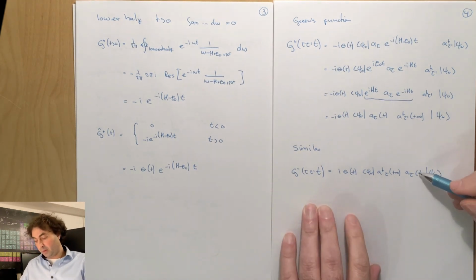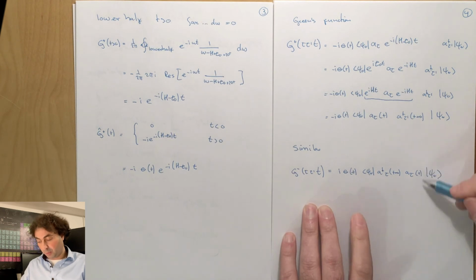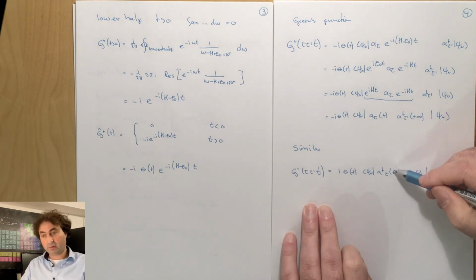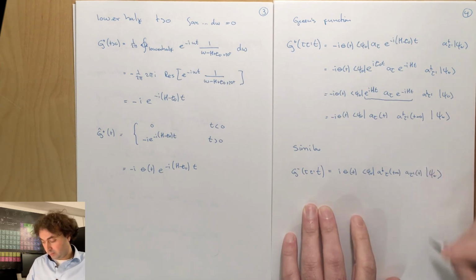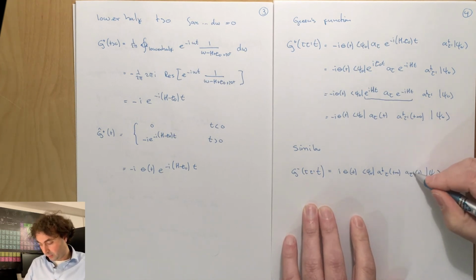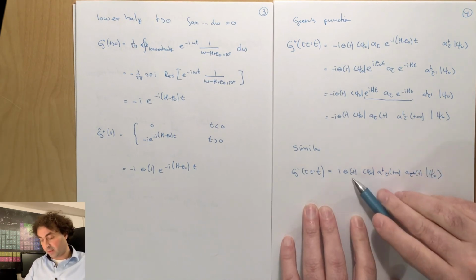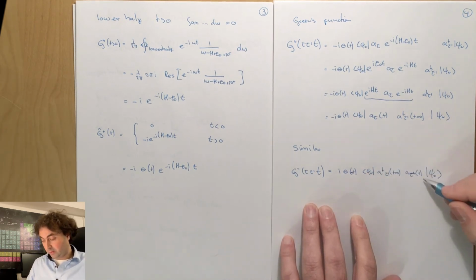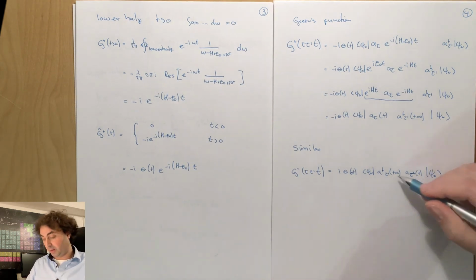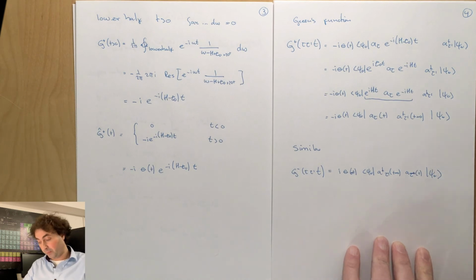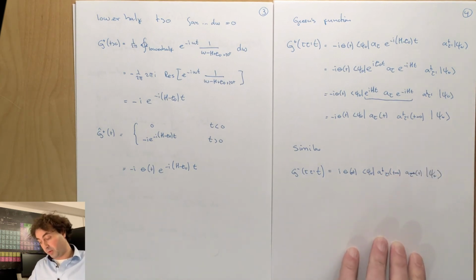So we annihilate the particle at time t, we let it propagate, then we create a particle at time t equals 0, going from quantum state tau to tau prime. When t is negative, then you can create it at time t and annihilate it, or you can annihilate it at time t and create it at t equals 0. When t is positive, that becomes 0.